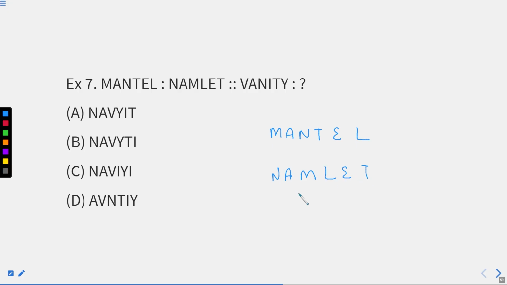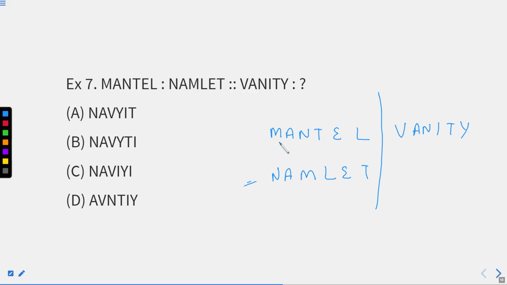And what is the question figure that we have? That is V, A, N, I, T, Y. Vanity, right? And here is Mantle. And we are getting this. So we need to check how this particular word is obtained from this mantle, right?